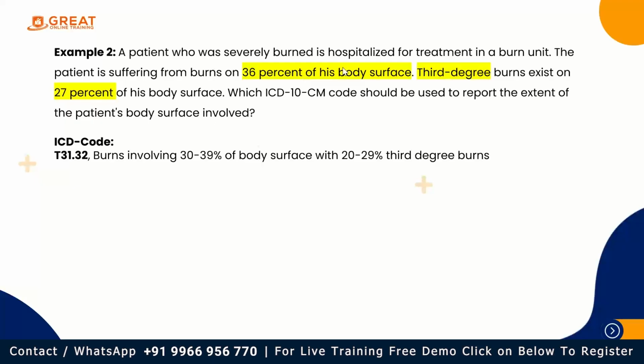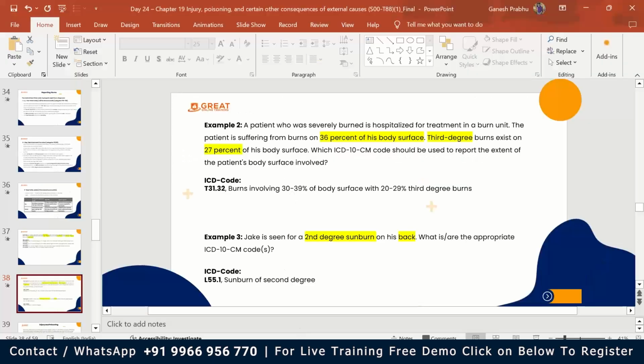As it includes third degree burn, more than 20% of total body surface area, even if they have given us a documented anatomical site, we have to use this code additionally. But right now they have not mentioned any anatomical site, so this is the only code we have to use. T31.32, burn involving 30-39%, still 36%.